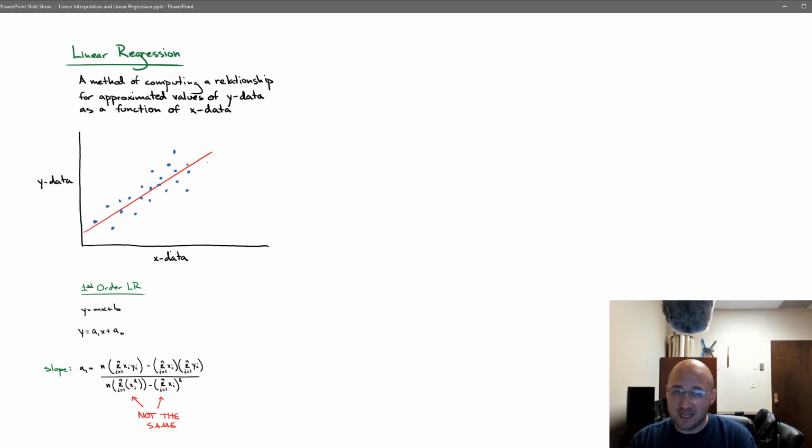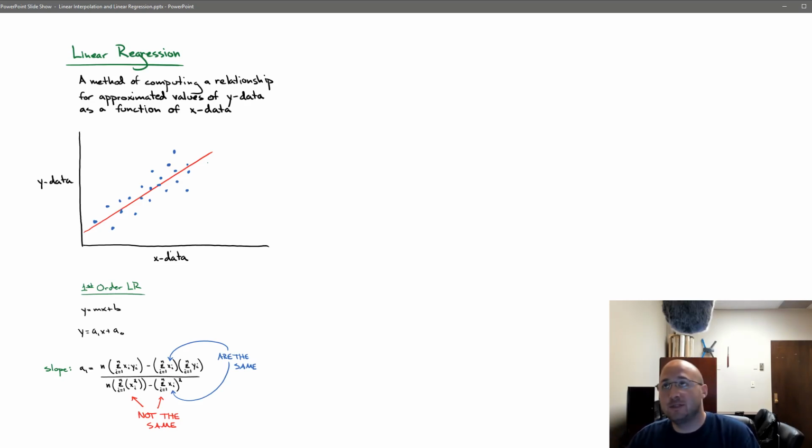You will find that summation of all of the x values in the numerator and the denominator. So the first mistake that a lot of students make is they assume that those two summations in the denominator are the same. They're not. The second assumption that some students make improperly is that they can factor out the n's. This isn't one of those things that we just threw n's in mathematically like 200 years ago.